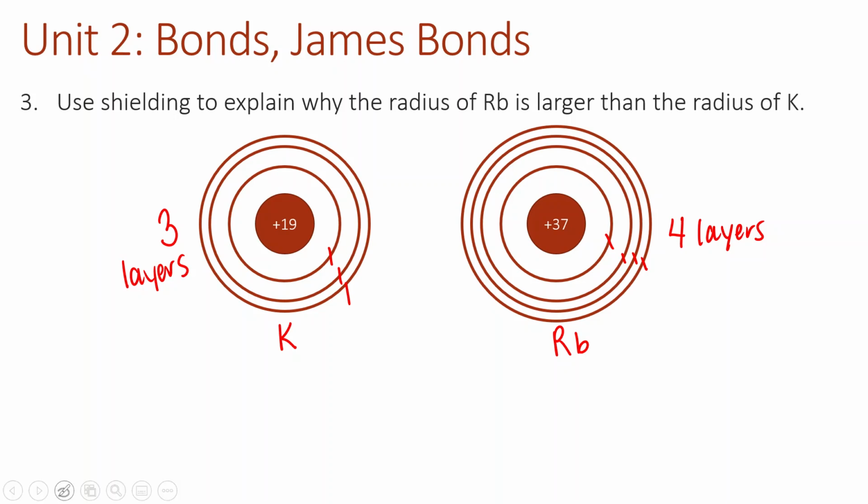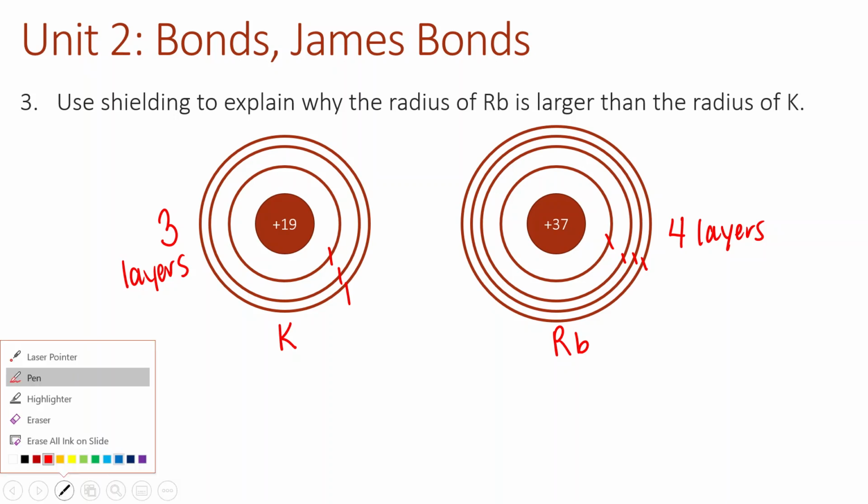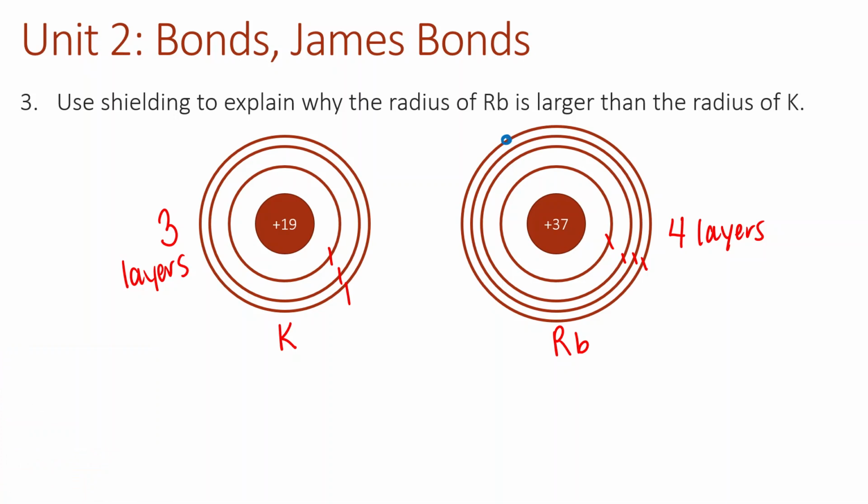If we had an electron that was in this outermost energy level, all of the electrons that are in the first, second, and third energy levels are all blocking this electron from the nucleus. It's kind of like you're at a concert and you're in the fourth row and there's 3 rows of people blocking your view of the stage.